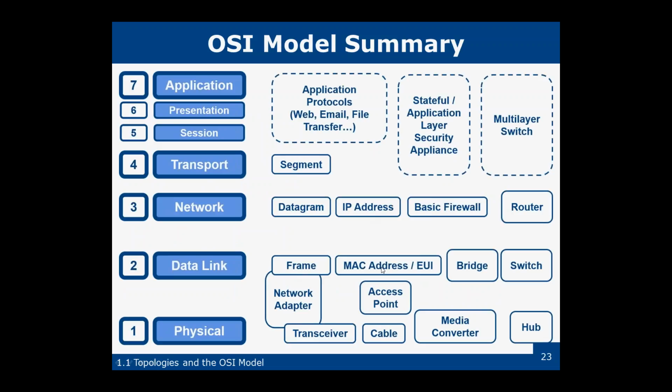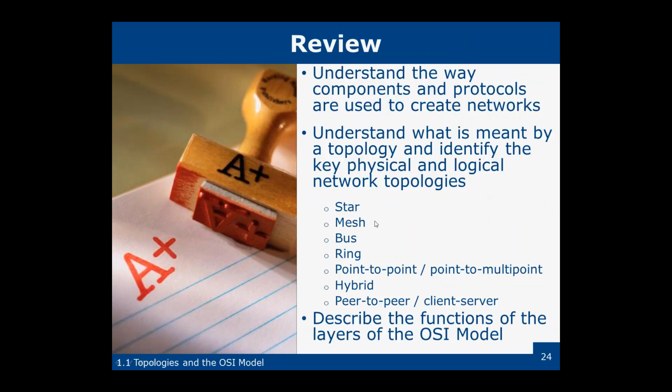The data link frame, the MAC address, EUI, which we will discuss when we talk about addressing at layer 2. A bridge and a switch are the devices here, and at the physical layer, transceiver, cable, media converter, and hubs work at that layer.